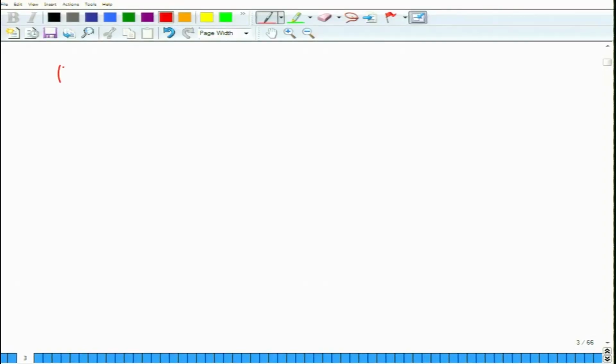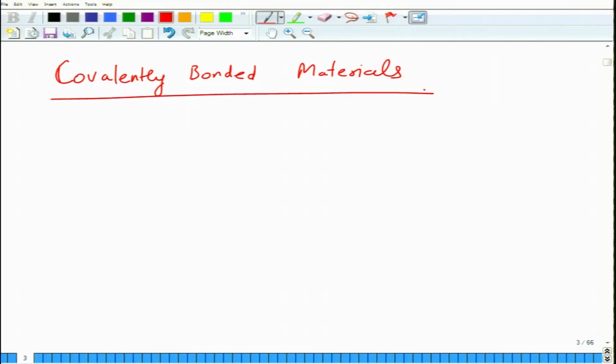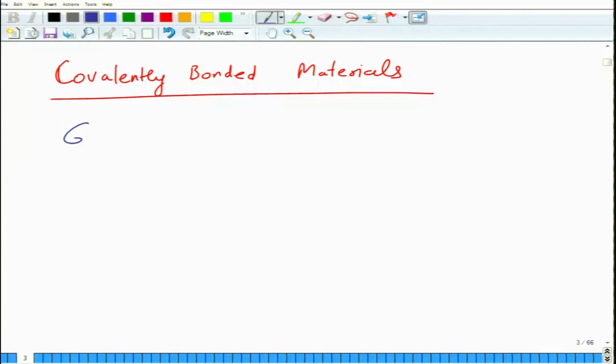So now we will look at the case of what we call covalently bonded materials. And this is again an important class of materials, because there are a lot of materials which occur which are covalently bonded. For example, you take group 7b. So 7b will mean basically halogens, right?